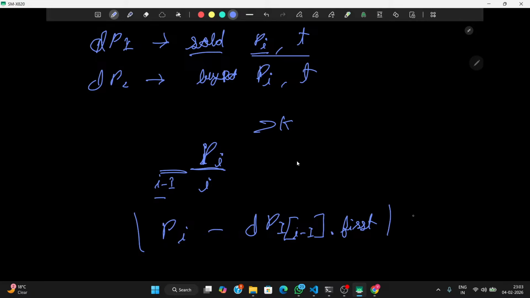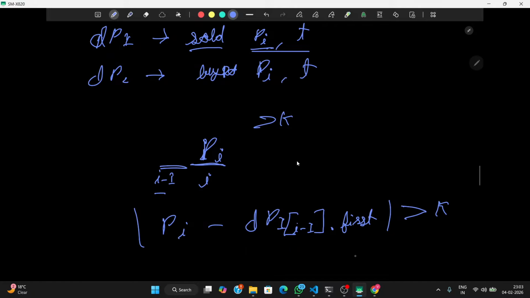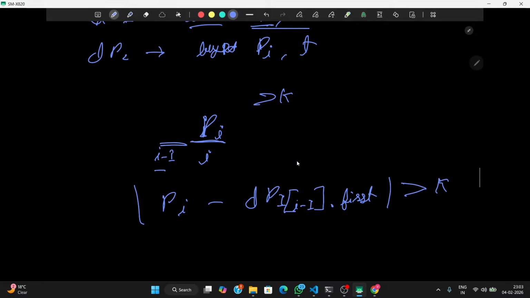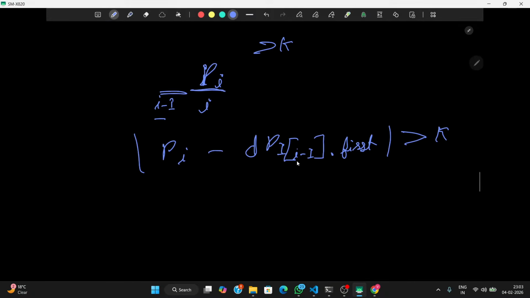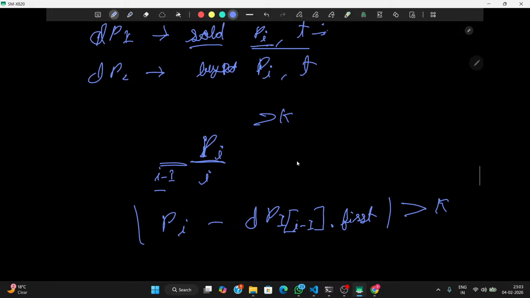If this difference, between Pi and the last DP's element, is greater than K, that means we closed the deal with something at Pi. If this thing is true, then we can simply close the subarray here. So in that case, we will simply make T equal to T plus 1.